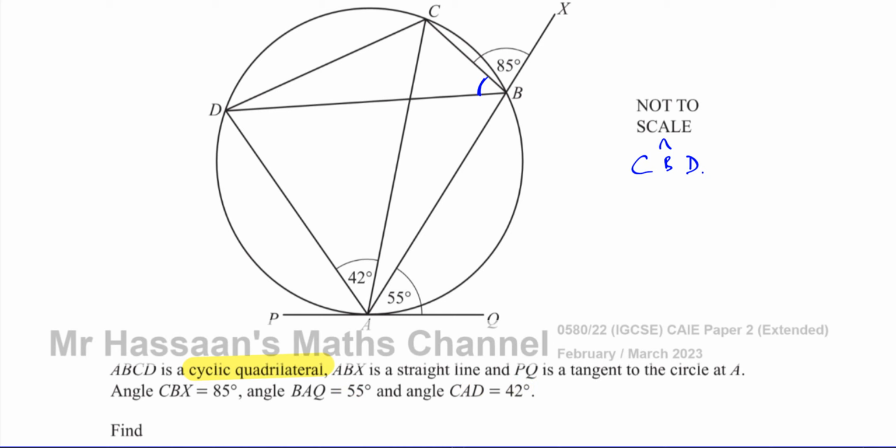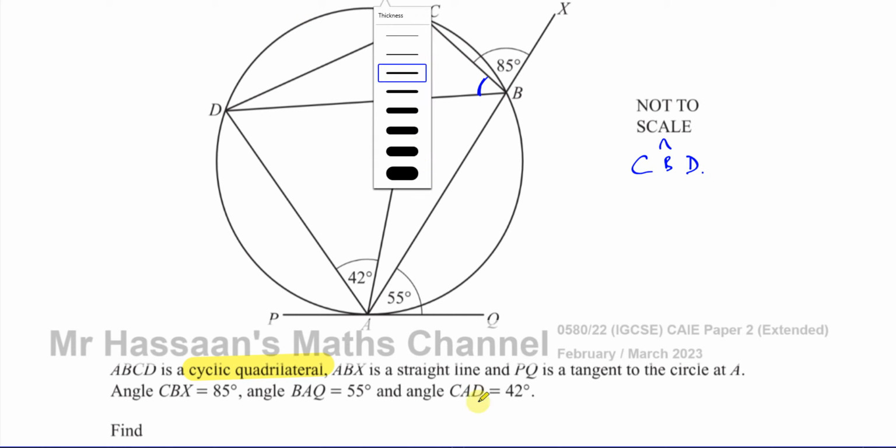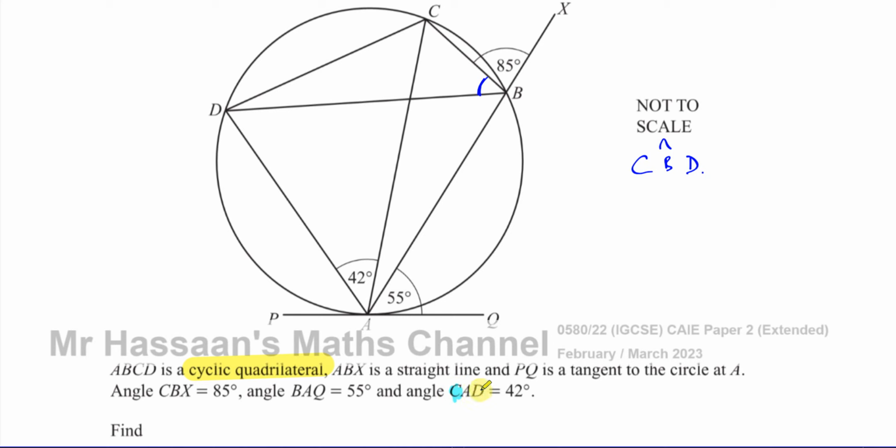Here I can see that you've got CAD. On one end I have a C, the other end I have a D. And this is CBD. So these two angles must come from the same arc.